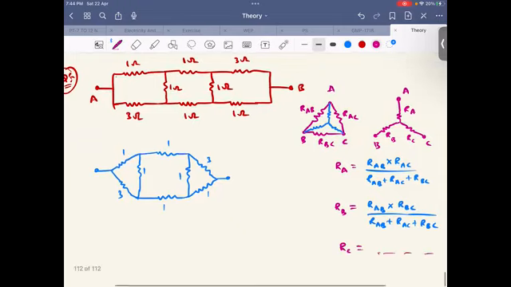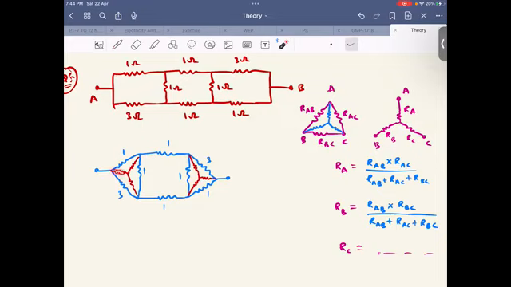Now I'm changing this into star form, delta into star. Can you tell me what this resistor will be?